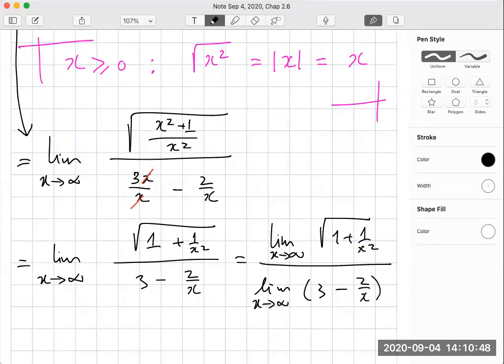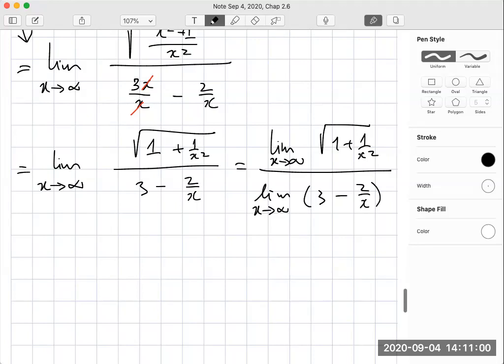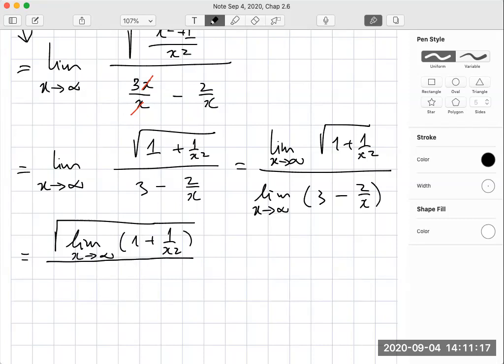We see that this function is continuous at infinity. So the radical sign is a continuous function, and we can write it as the square root of the limit when x approaches infinity of 1 plus 1 over x squared, right? And here we can write the limit of 3 when x approaches infinity minus the limit of 2 over x when x approaches infinity. Same thing, okay?